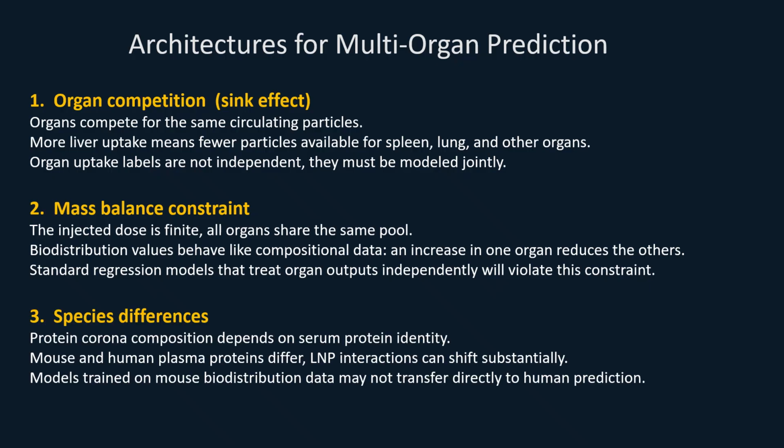Third, species matter. The corona that forms in mouse blood is not the same as what forms in human blood because the plasma proteins are different. So a model trained on mouse biodistribution data won't necessarily translate to humans.